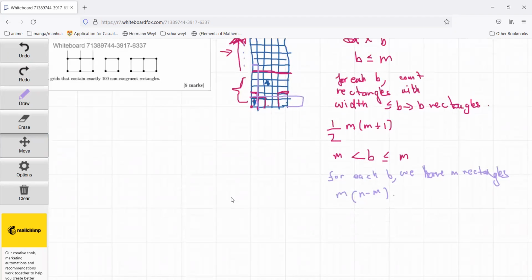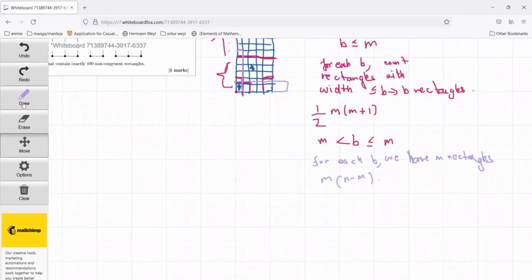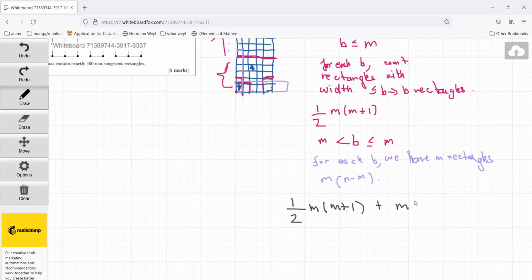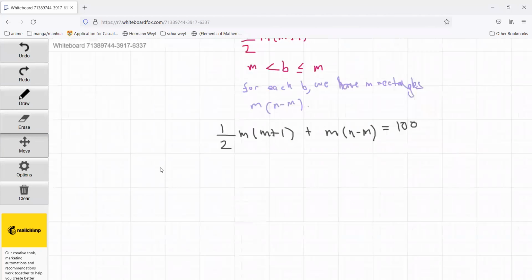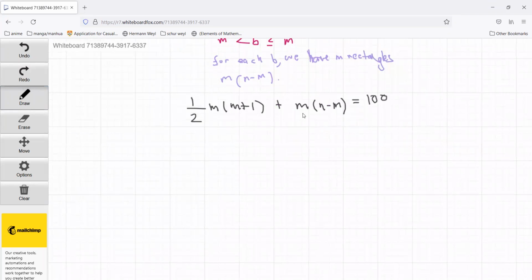So the total number of non-congruent rectangles in an m by n grid is half m times m plus 1, plus m times n minus m. And we want this to equal 100, and we're going to find some restrictions on m and n. So let's just factor out the half and the m.